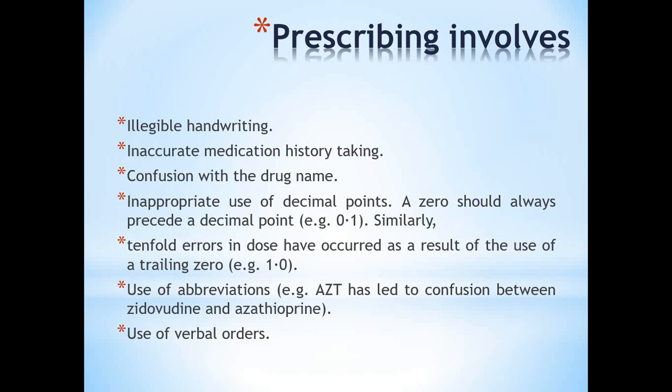The generic name has to be used, written properly and with nice writing, with its own original name, not abbreviations. And verbal orders should not be entertained by the pharmacist at the dispensing counters.